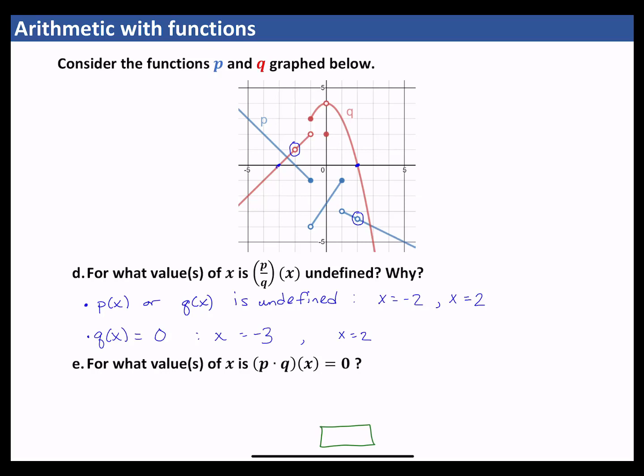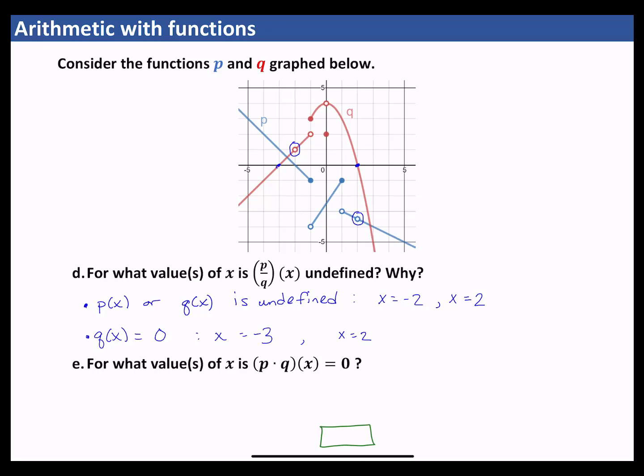But we have found all x values where this quotient is undefined, and that was either where p or q were undefined or where q of x, the denominator specifically, equaled 0.